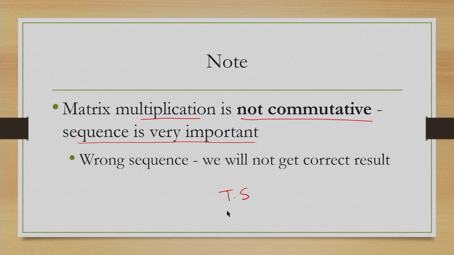Now, if we had done it the other way, that is, scaling followed by translation, it would lead to a different matrix, whereas this gave us M. Since matrix multiplication is not commutative, we cannot say M equals M dash. Actually, M is not equal to M dash. So, if we do not create the sequence properly, then our result will be wrong and we may not get the right transformation matrix.